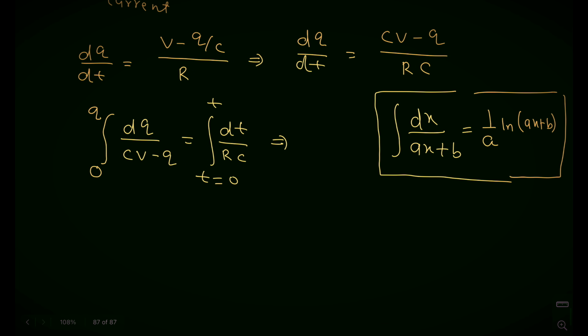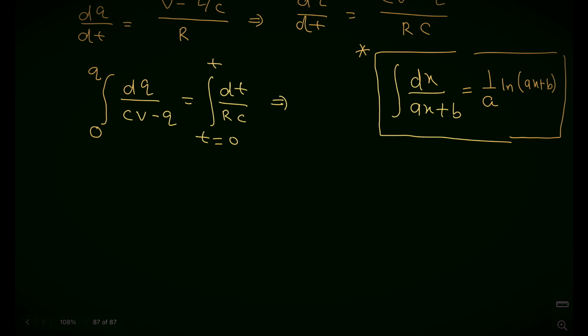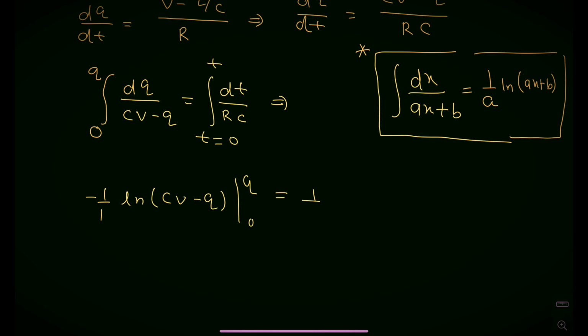We can use this formula here. If I integrate this part, then I write minus 1 by 1, because the coefficient of q is minus 1. ln(CB minus q), limit 0 to q, is equal to 1 upon RC, and dt we can write here t, limit goes 0 to t only.